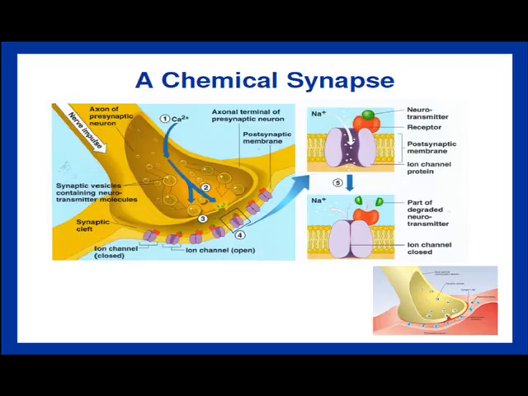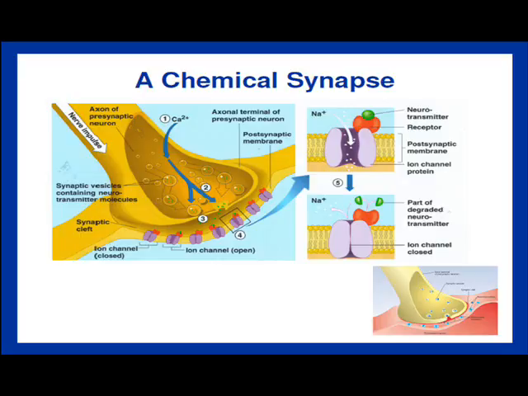So the entry of calcium, the action potential, and actually quite a few other factors which I don't have to worry about in this class, cause these vesicles containing neurotransmitters to adhere to the presynaptic membrane and exocytose neurotransmitters into this space, into the synaptic cleft. The fate of the neurotransmitter then is to bind to these receptors on the postsynaptic side.